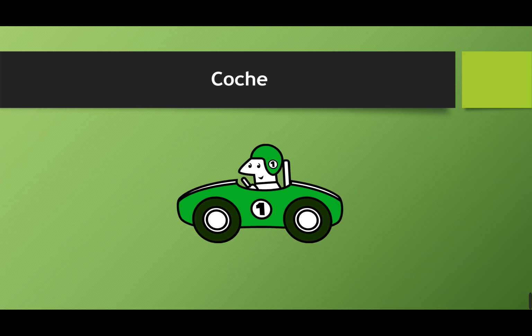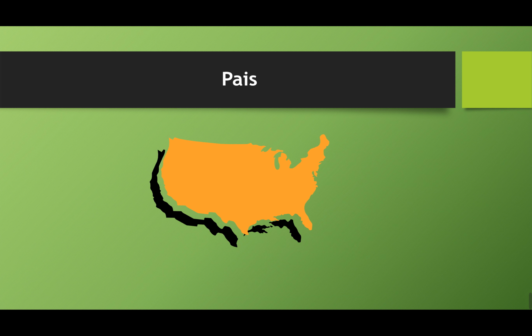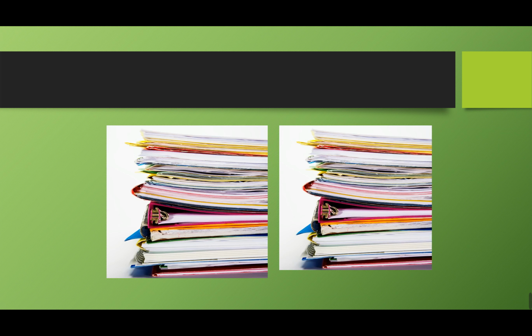Coche, ¿el o la? Well, looking at the ending doesn't help us. It ends in e, but this is el coche. Es masculino. Conversación, ¿el o la? La conversación, because it ends in sión. País, ¿el o la? El país. It ends in s, so it's probably masculine.